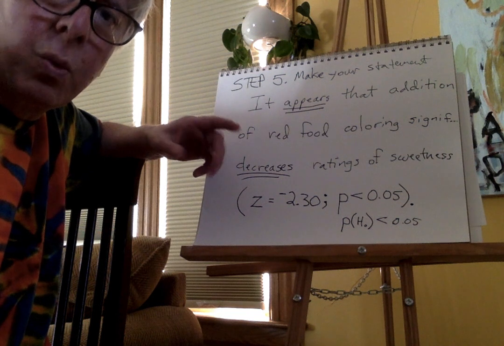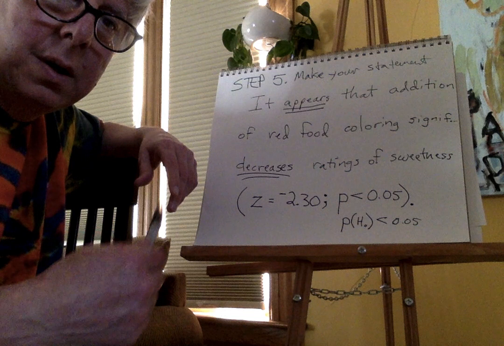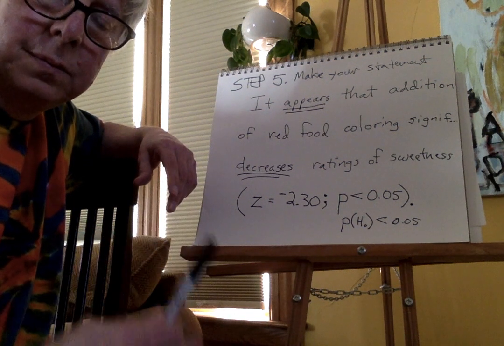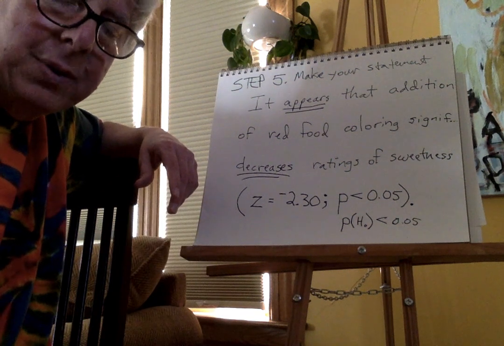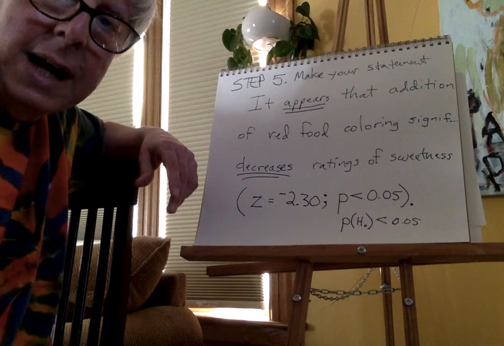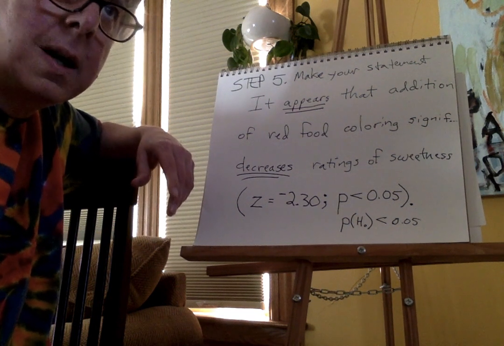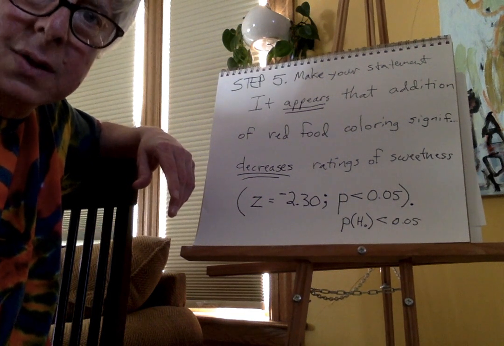Okay? Steps 1 through 5. Set up your hypothesis, step 1. Step 2, make your alpha level. Report what Z-scores you're going to use for the alpha level. Step 3, do your statistical analysis. Collect the data and do your statistical analysis. Okay? Step 4, make your decision about the null hypothesis.